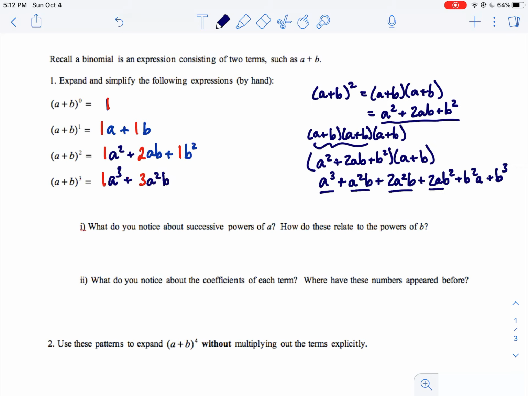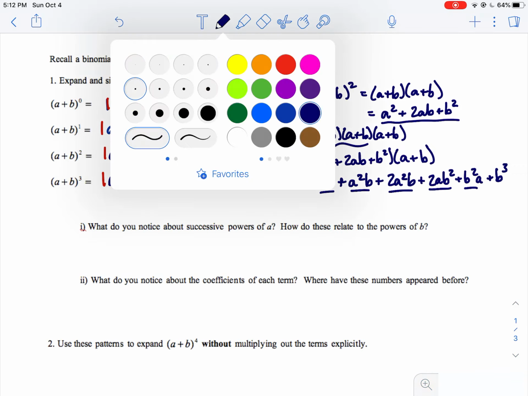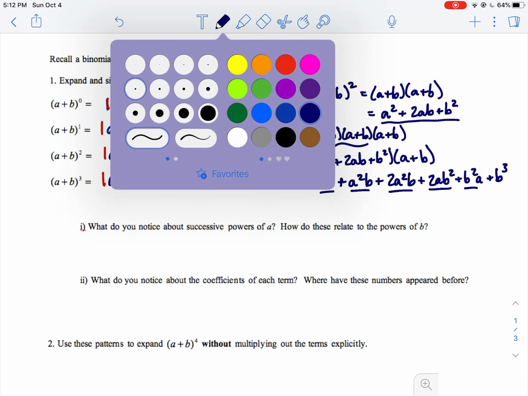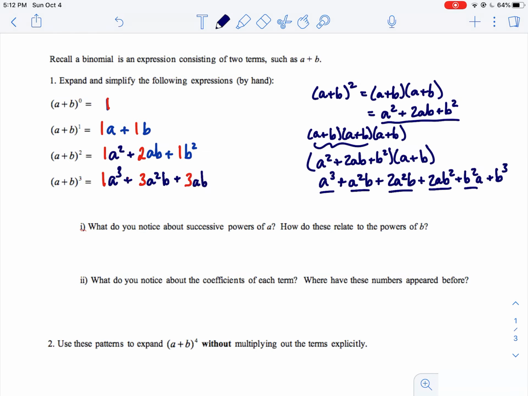And then we have 2ab squared and another ab squared. So altogether we have 3 ab squareds. And then we have a b cubed, and we have one of those.